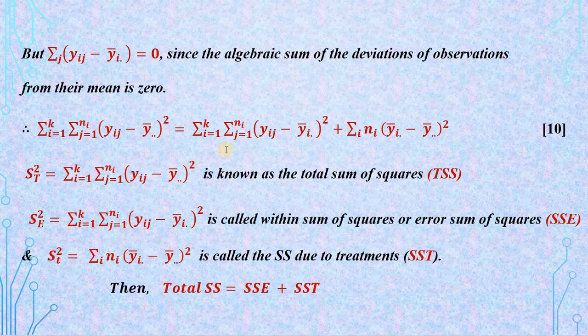On the right hand side, the first term is denoted as capital S E square. This is called the within sum of squares or error sum of squares. And the last term on the right hand side is denoted as capital S small t square, which is nothing but the sum of squares due to treatment, SST. Thus we have total sum of squares equal to sum of squares due to errors plus sum of squares due to treatment.